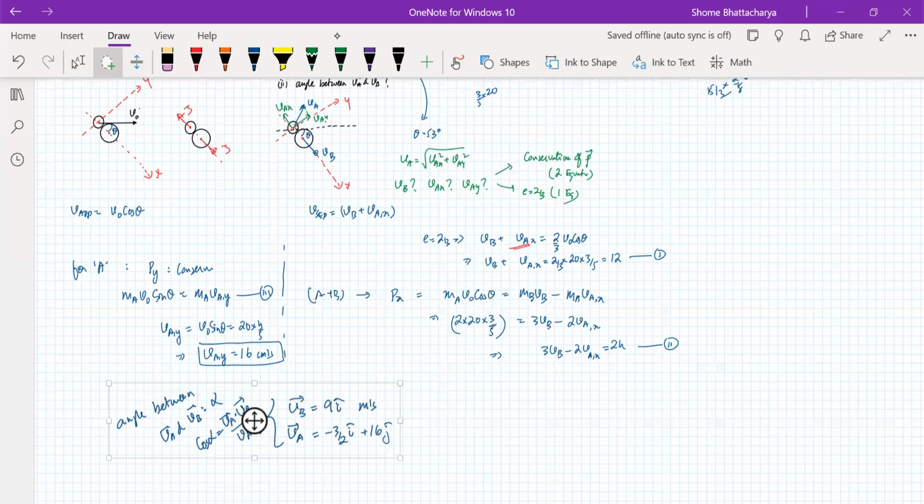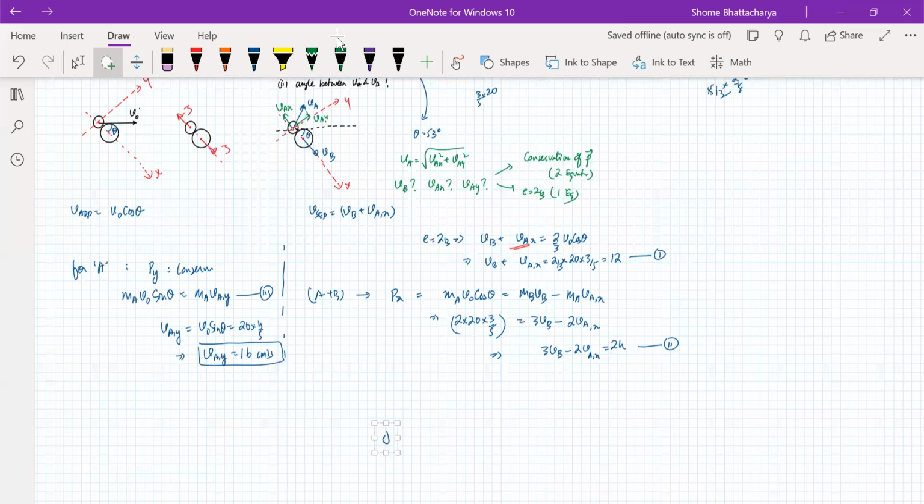Okay, so let's see now. To eliminate this, we have VB plus VAX is equal to 12, and we have 3 VB minus 2 VAX is equal to 24.